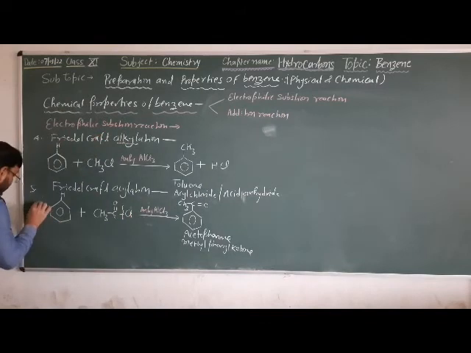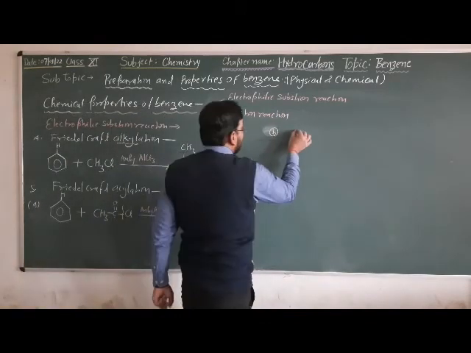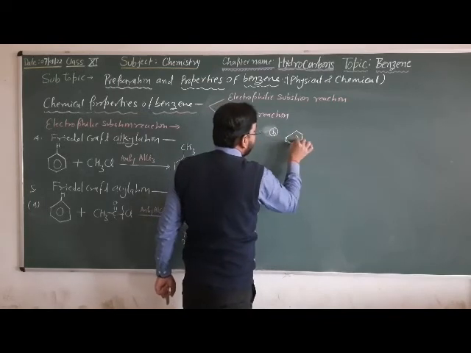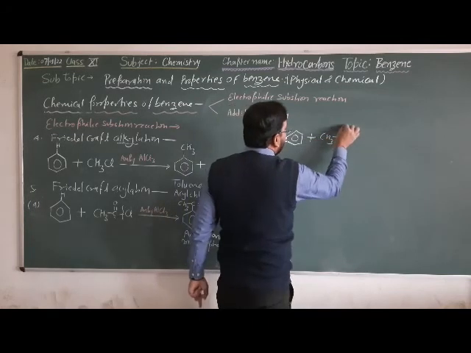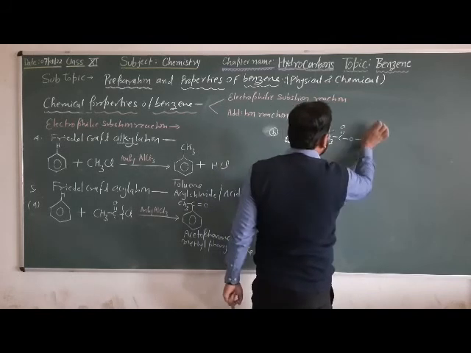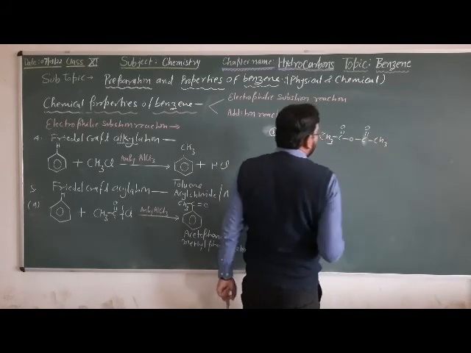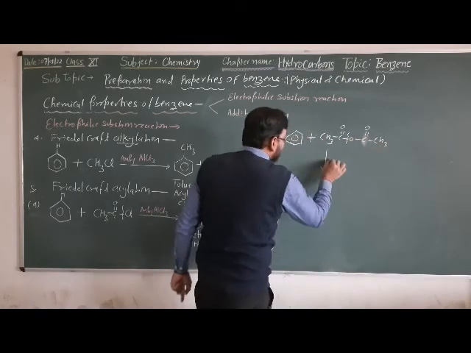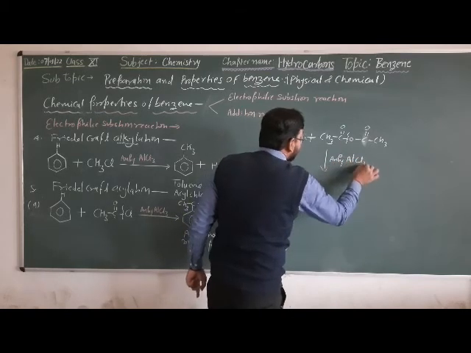So put the number A here, and this is the number B. Benzene with CH3 CO O CO CH3, in presence of anhydrous AlCl3.